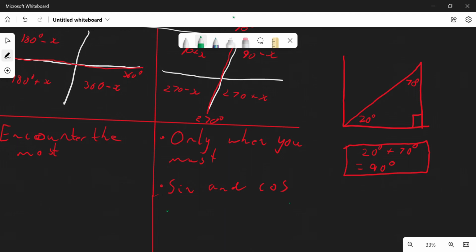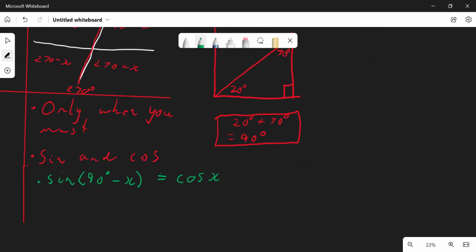For example, if I give you sine of 90 degrees minus x, that is equal to cos x. Just a quick reflection on why this is the case. Let's look at a triangle here. Let's give these angles names. We have 20 there, we have 70 there, and this is 90.